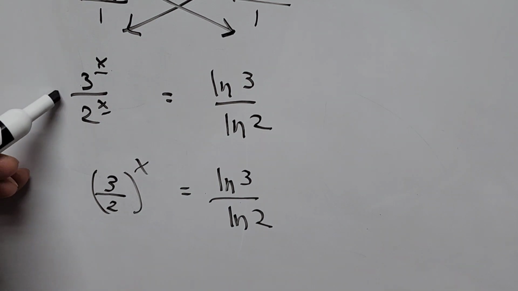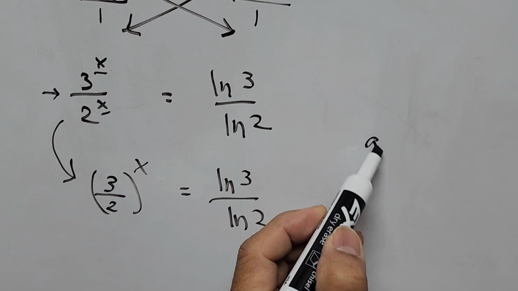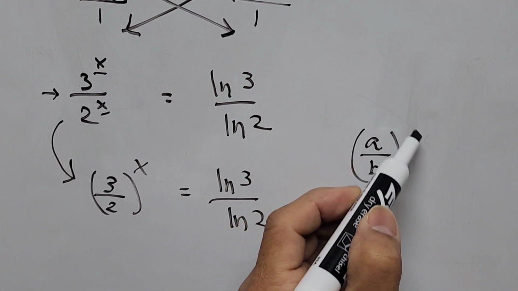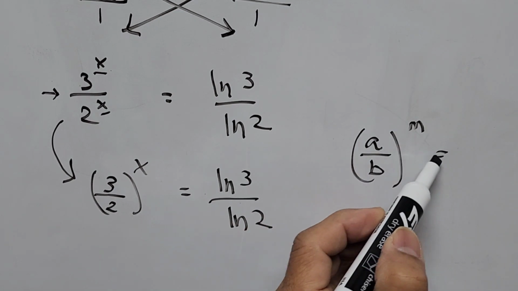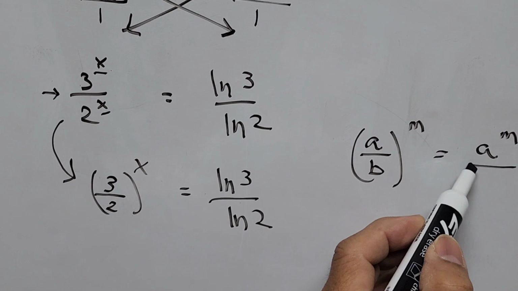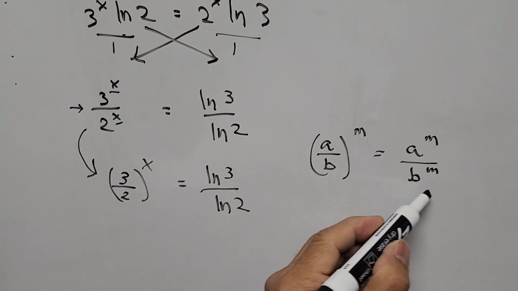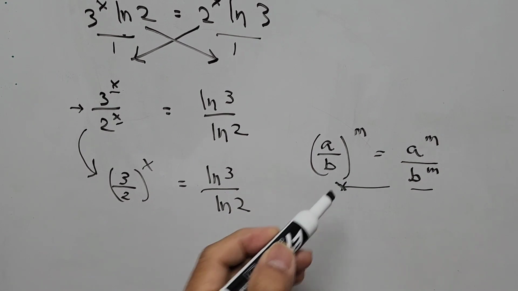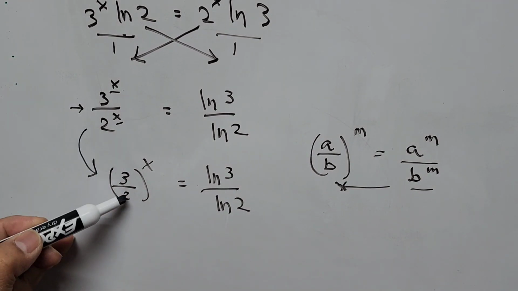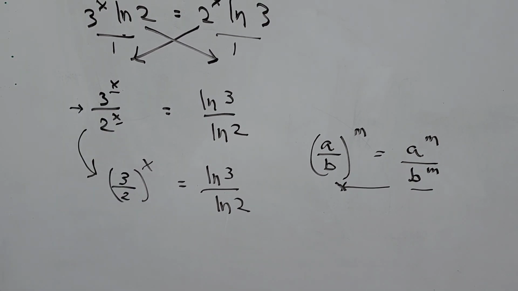On the left side, we use the exponent formula: a divided by b, to the power of m, can be written the same way as a to the power of m divided by b to the power of m. We combine the numerator and the denominator since both have the same exponent, variable x.